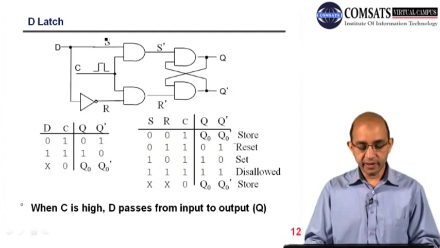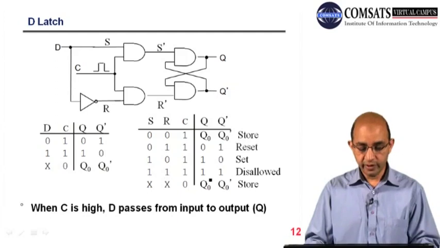You can see how we proceed. We have used the same SR latch, with the control signal, that is the clock. But the problem with this SR latch is that we have a race condition, or a discontinuity at 1 1.